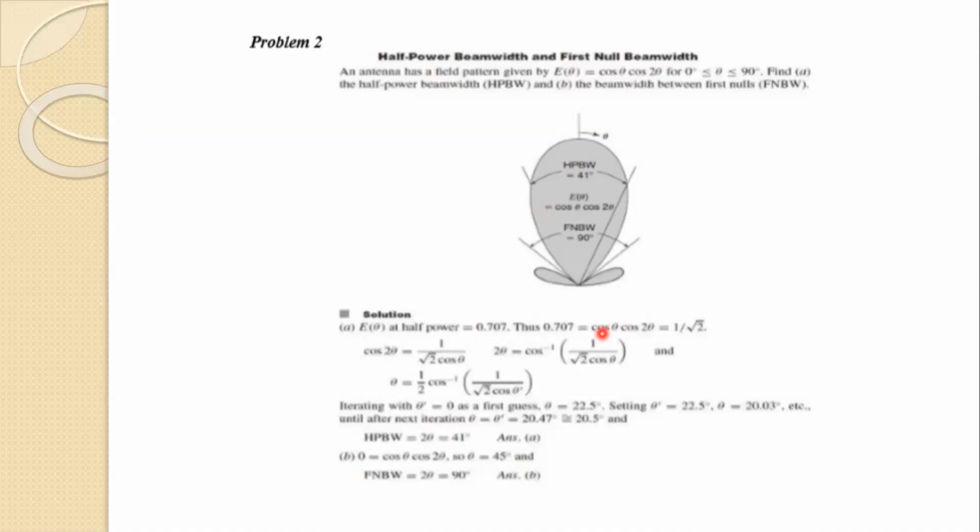The second one is the mismatch efficiency. The formula is 1 minus the reflection coefficient square. So 1 minus the square of 73 minus 50 by 73 plus 50. So 0.96.